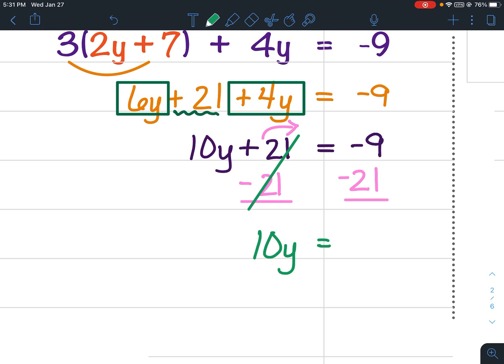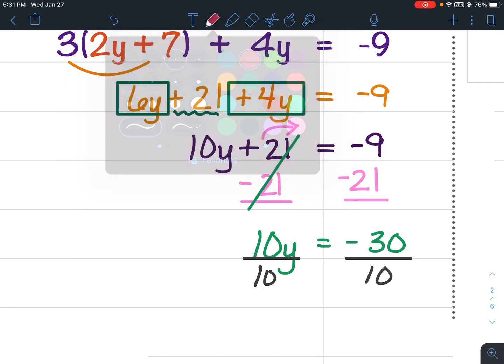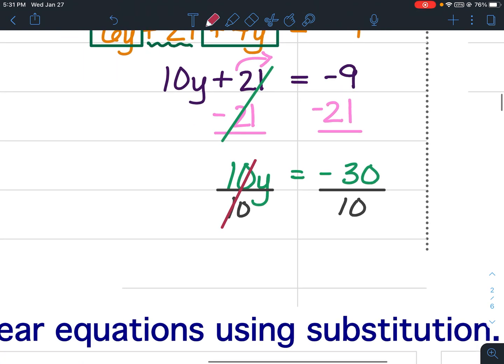Please be putting these in your calculator. So this would be negative 30. Last step, divide both sides by 10. They would cancel, and you would get y equals negative 3.